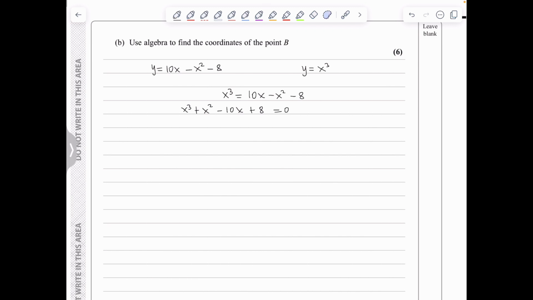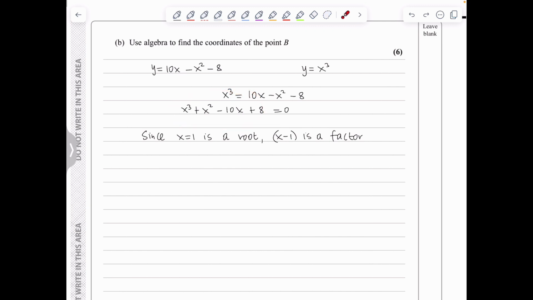Well, we already know that x = 1 is a root because A has coordinates (1, 1), and it's the point of intersection between the two curves. So if x = 1 is a root, then x − 1 is a factor, and therefore I can proceed with the long division because I'm dealing with a cubic, which I don't know how to factorize.